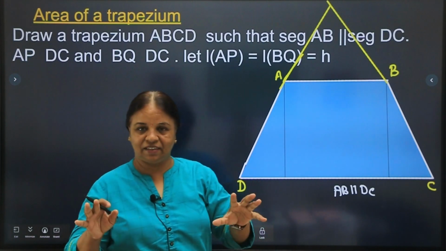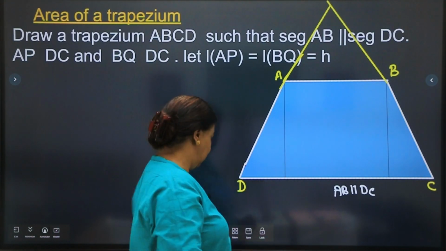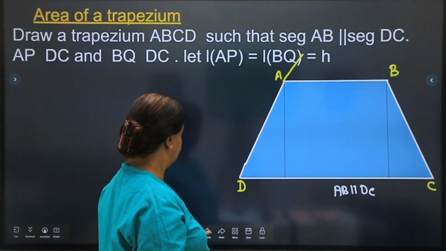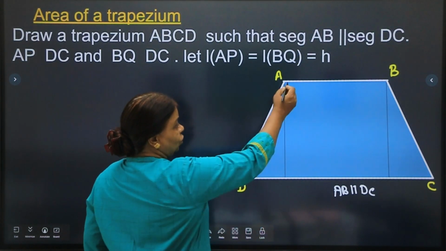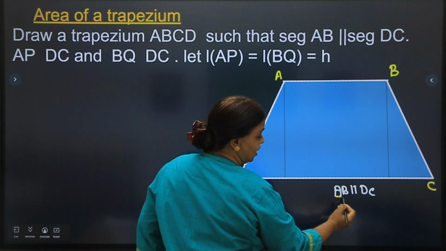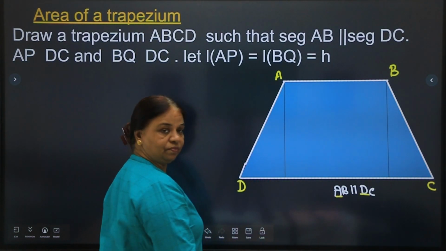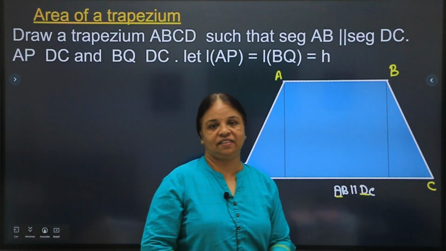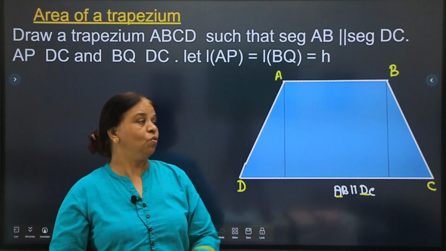they cut each other. So what we come to know in this figure is that AB is parallel to DC and AD is not parallel to BC, but it has four sides.